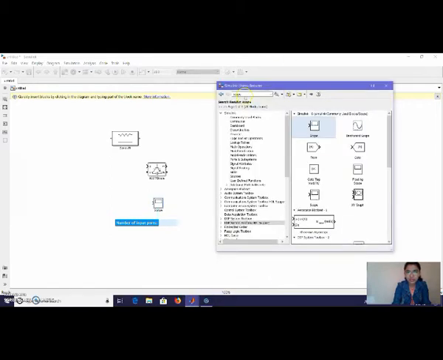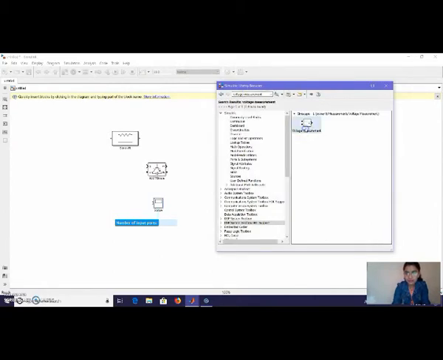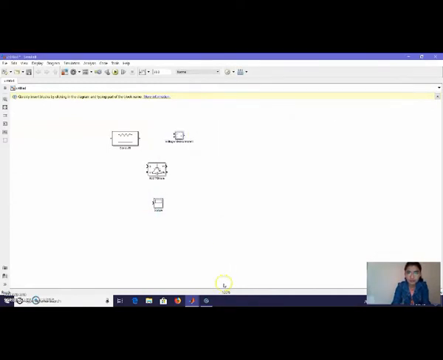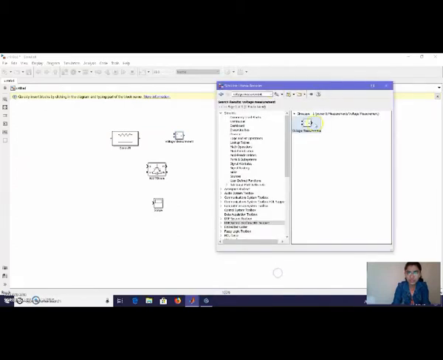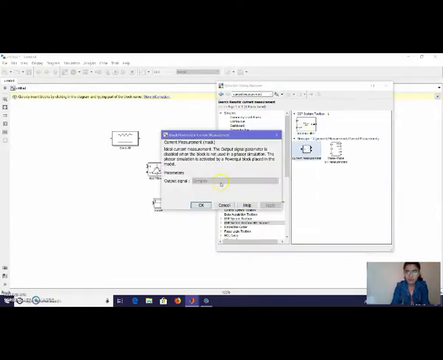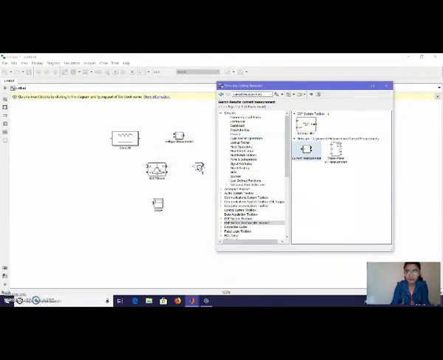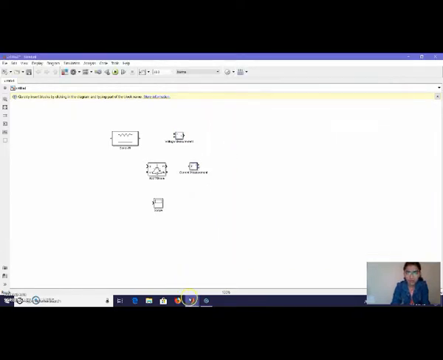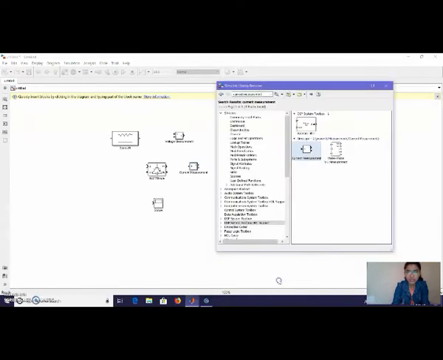We will also need a voltage measurement and current measurement. Now let's take current measurement. And finally, voltage source.